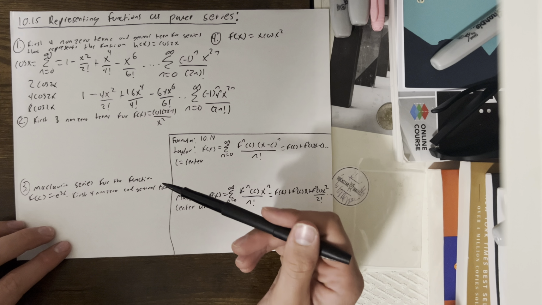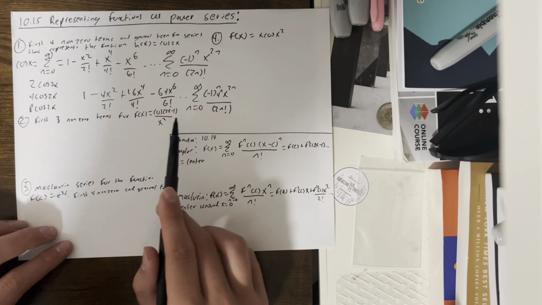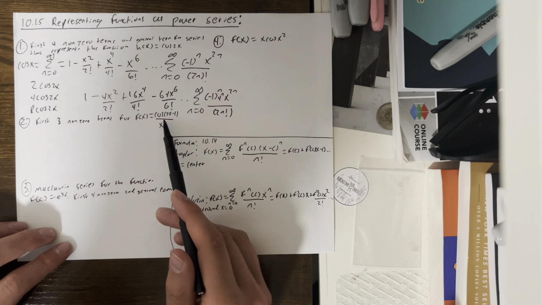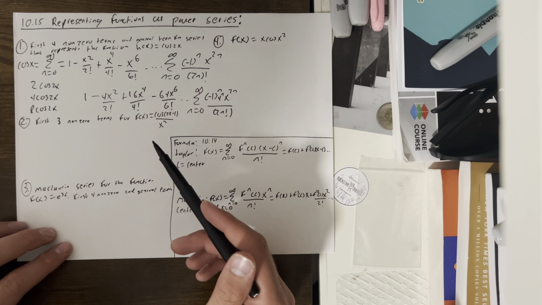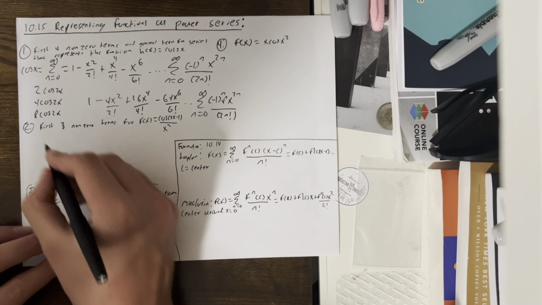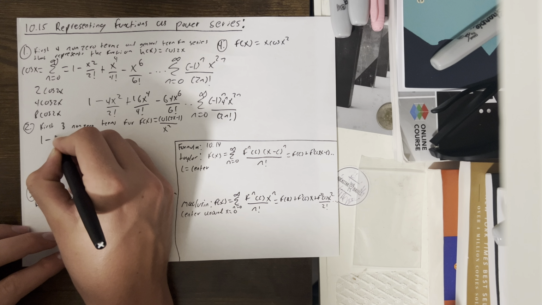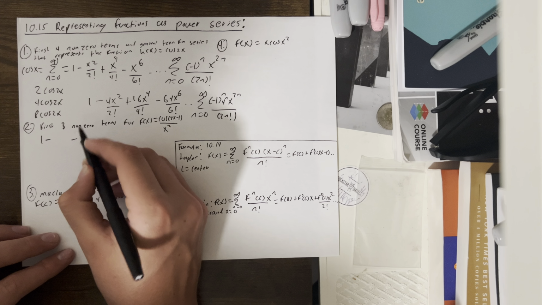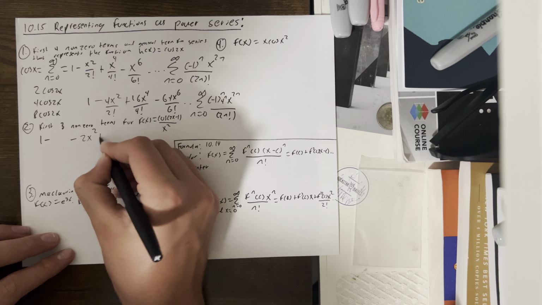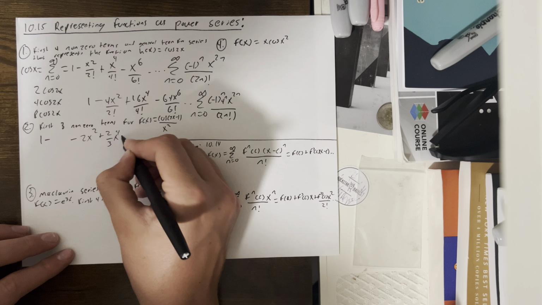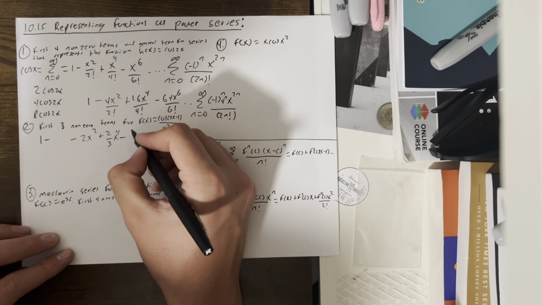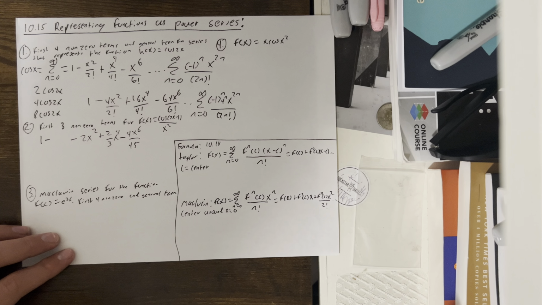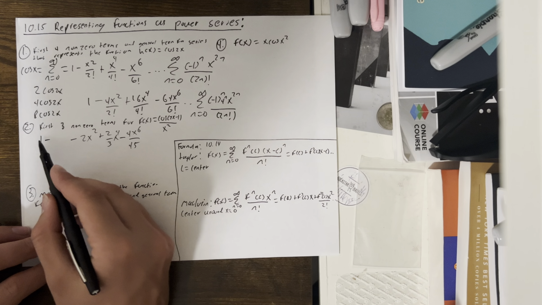And then a further example of that is you can write the first 3 non-zero terms for cosine of 2x minus 1 over x squared. So the cosine of 2x is the same. The minus 1 is not really that important because it doesn't affect it that much. So the simplified version of the series above is negative 2x squared plus 2/3 x to the 4th minus 4x to the 6 over 45, which is the simplified version of the series above.